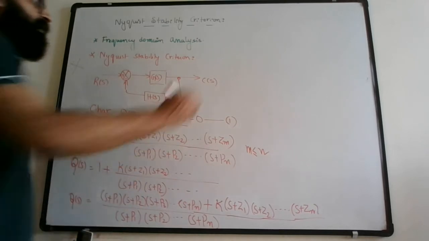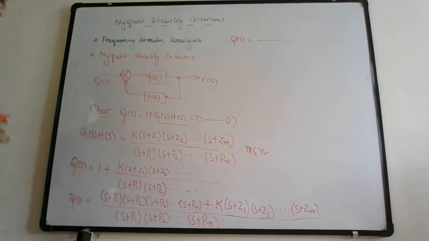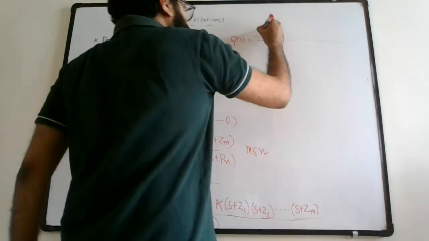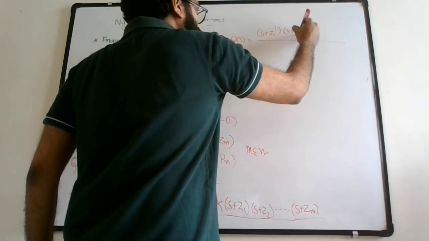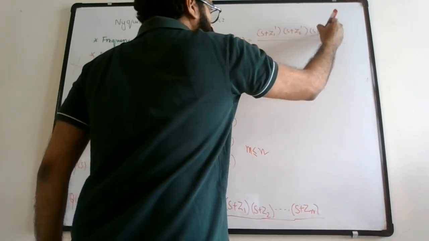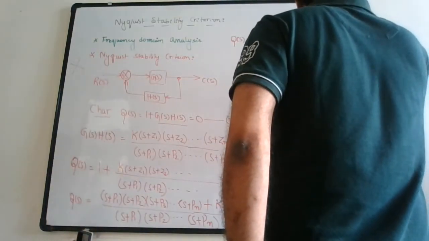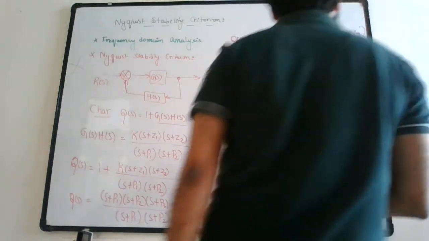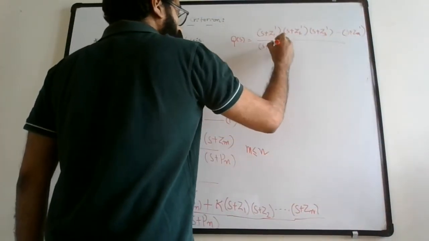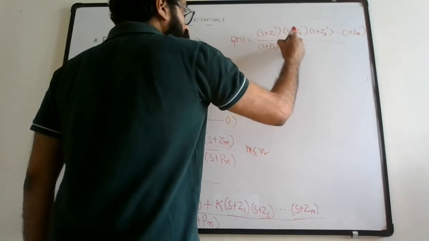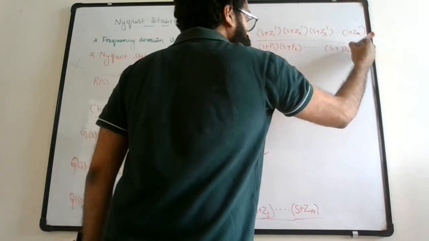Okay. Now, we can also write Q of s in a more standard form. Let's write it as s plus z1 dash into s plus z2 dash into s plus z3 dash, so on and so forth until s plus zn dash. And the denominator factors, you can still write as s plus p1 into s plus p2, so on and so forth till s plus pn.